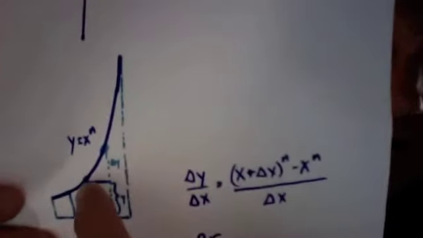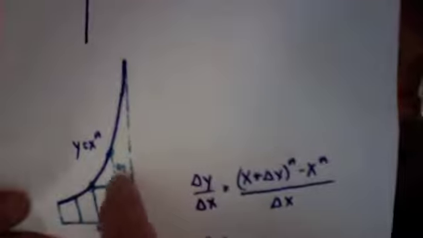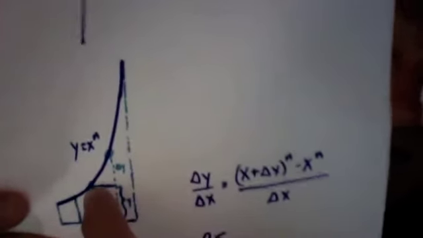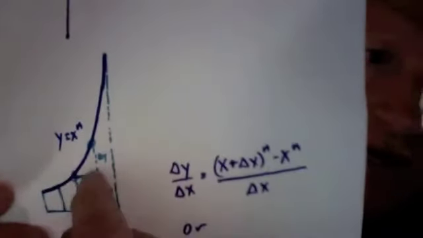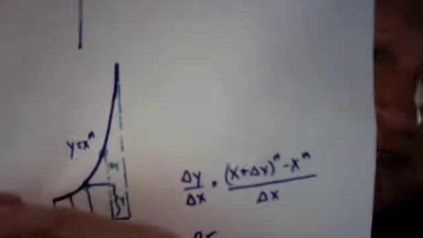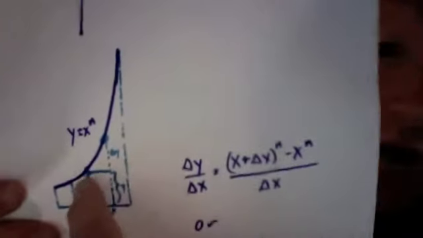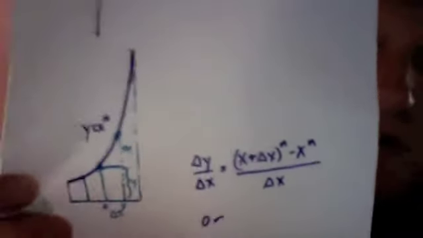So if I then had a slope defined by these 2 points, it would be delta y over delta x, right? You understand. It would be the tangent of this angle, but we're not going to get into trigonometry. It would just be this value delta y over this value delta x.